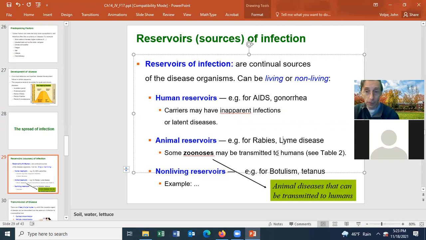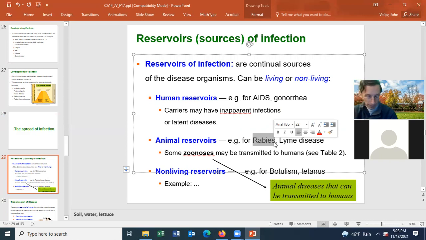If you don't know, rabies, once it gets into a human, it's a dead end. Rabies does not spread from a human to other humans or animals.